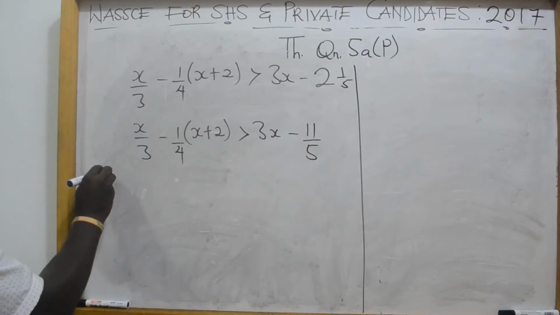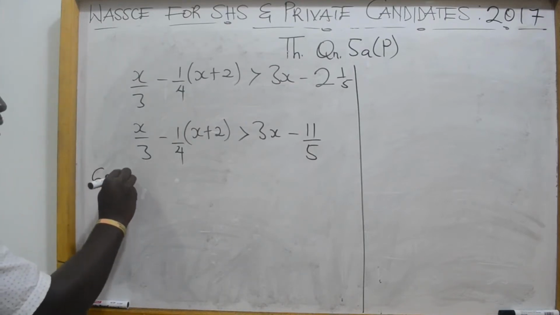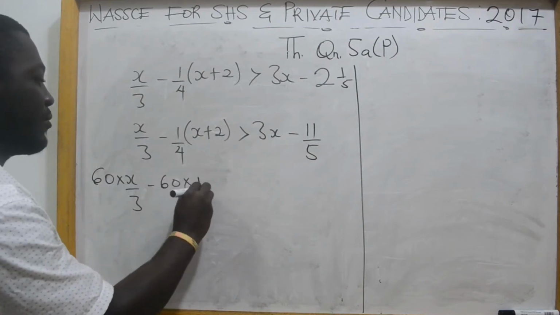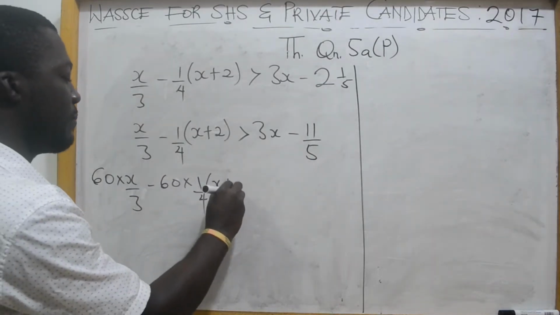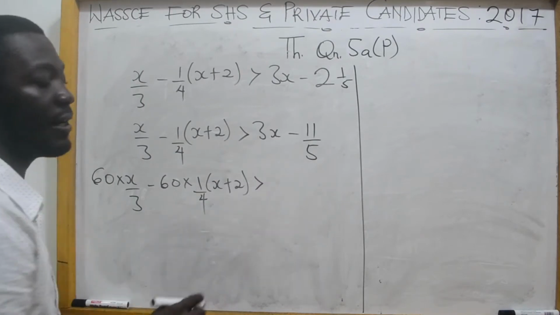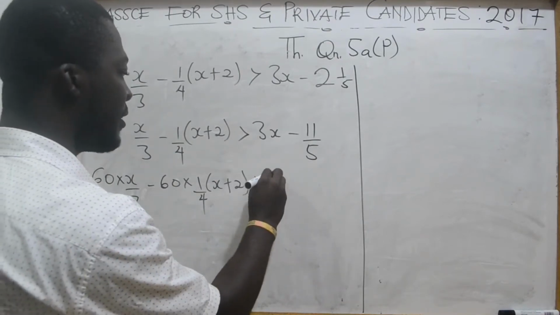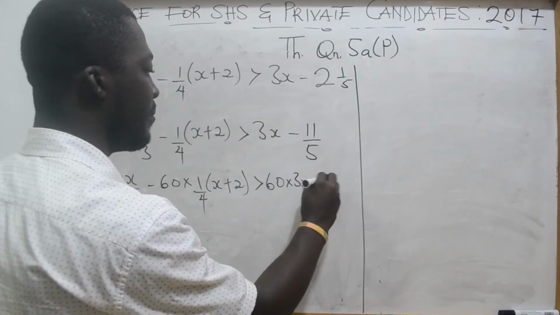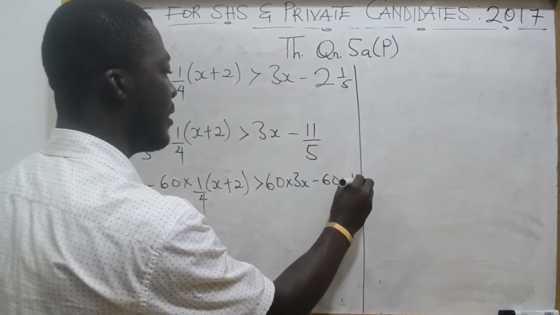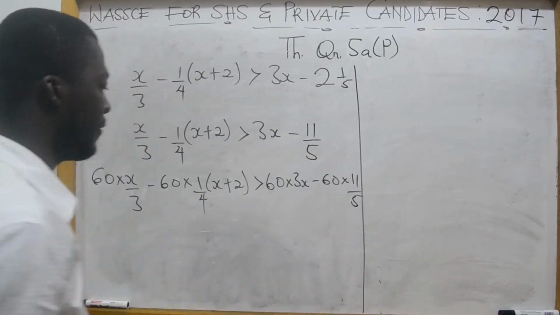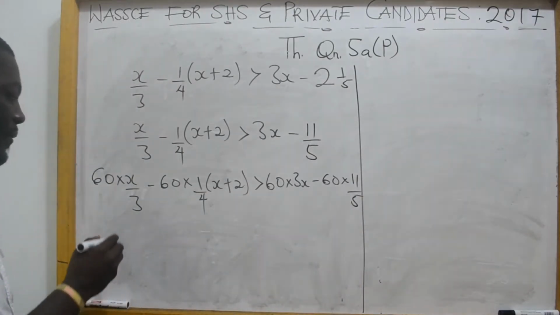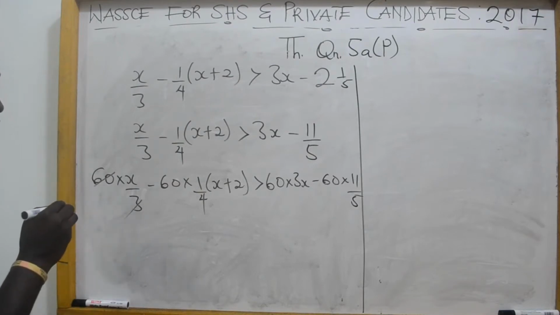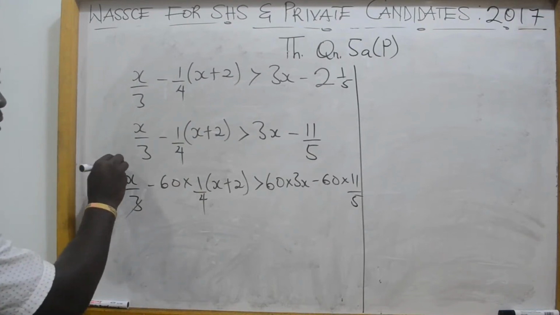So we multiply the 60 by each of the terms. So minus 60 times 1/4 (x plus 2) greater than 60 times 3x minus 60 times 11 out of 5. Then we do cancellation. 3 into 60 is 20.